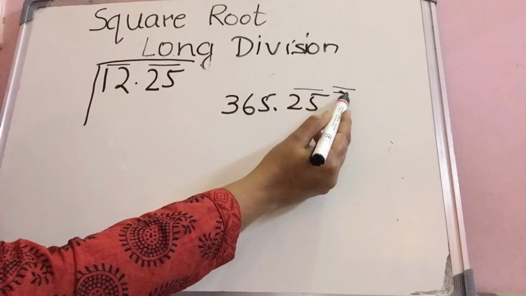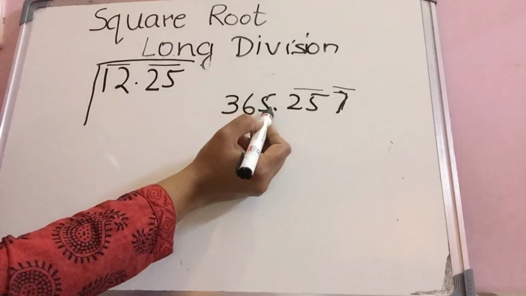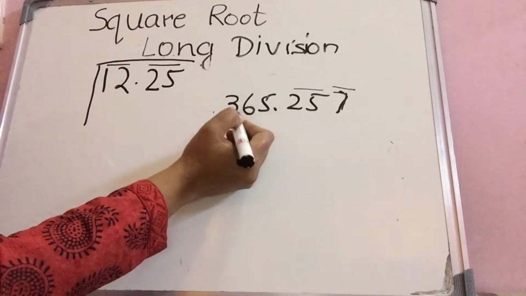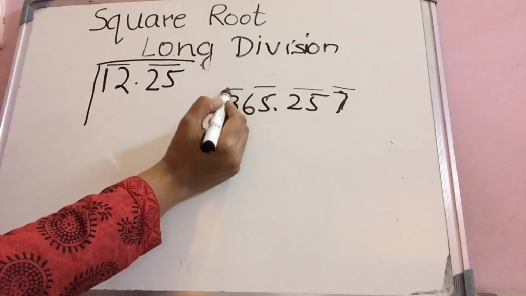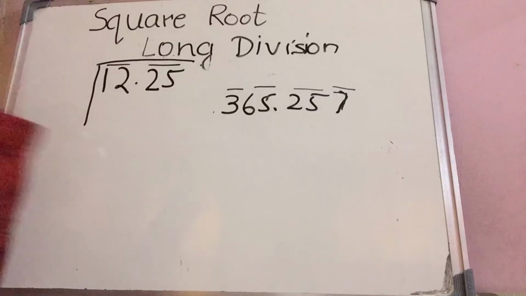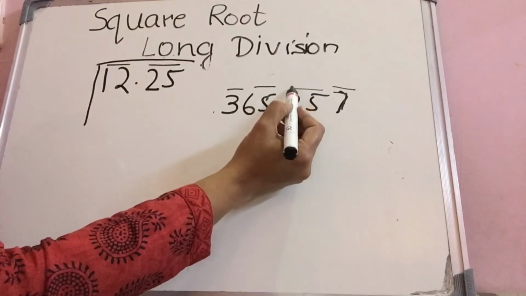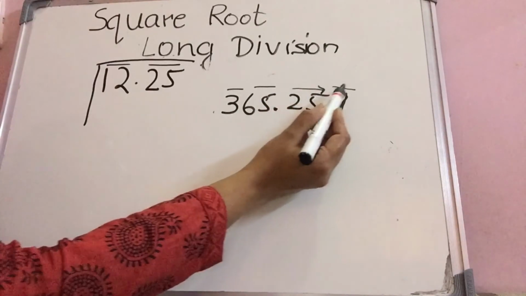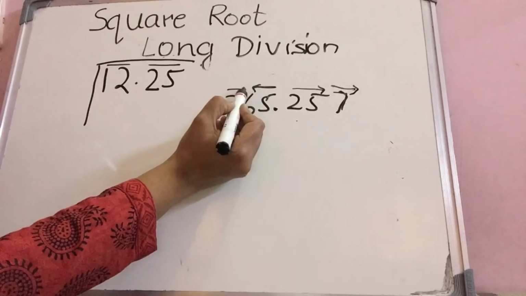We'll have the last digit as 1 in a pair, and before the point we'll make pairs from right to left like this. This is how we do pairing.